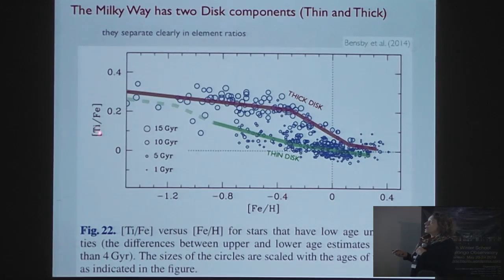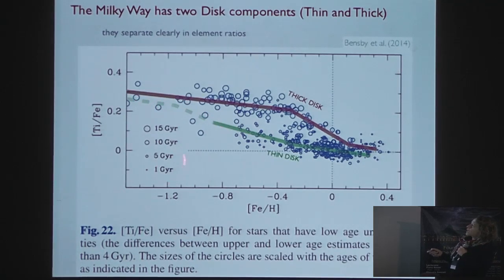So titanium is an element produced a lot by core collapse supernova. And this is iron. He found that the stars he could measure distribute in two sequences. A sequence of high alphas that then has a drop there, and another sequence for which he could actually guess more or less the knee, and then it goes there.